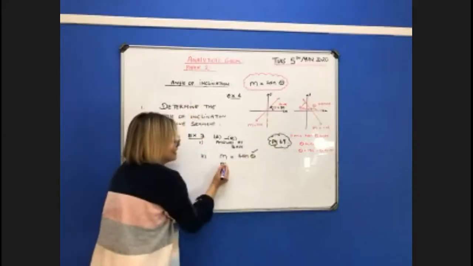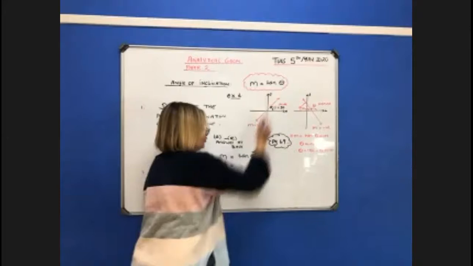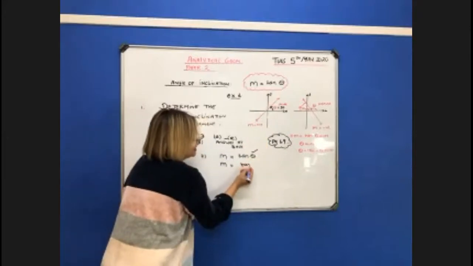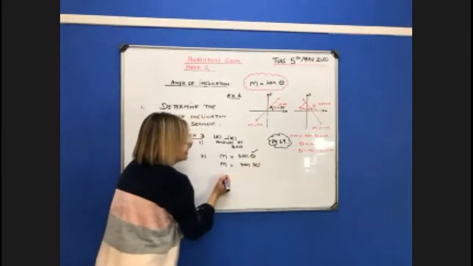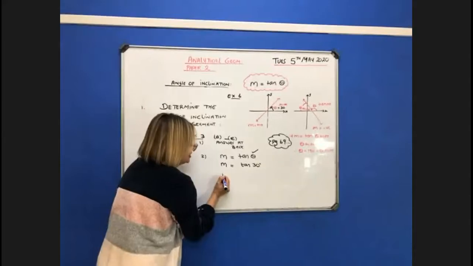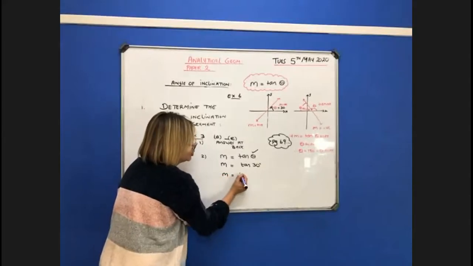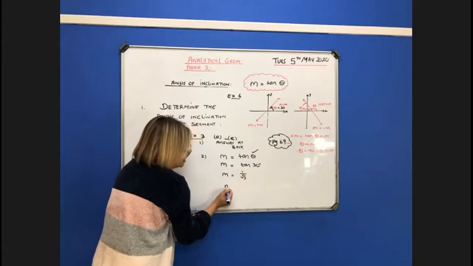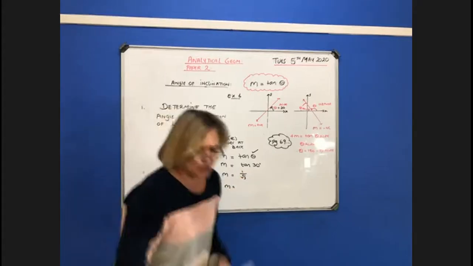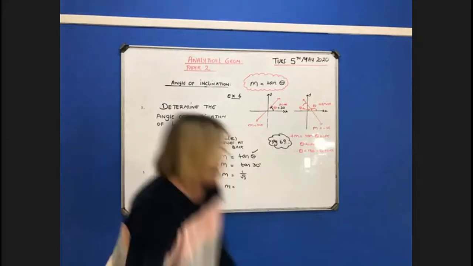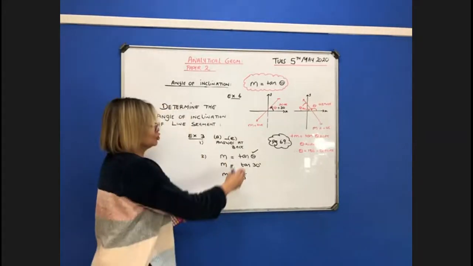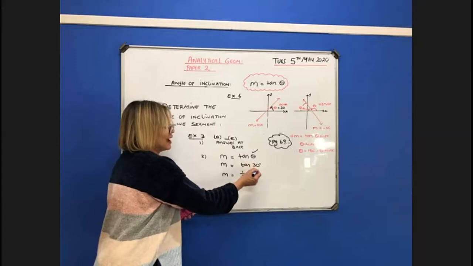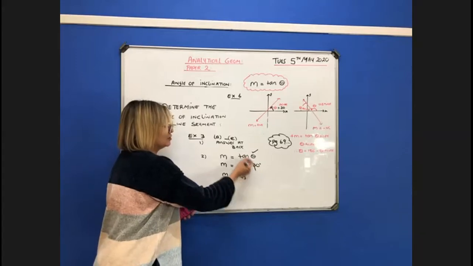Then the gradient of that straight line would be tan of 30 degrees. I know it's a special angle, but remember with analytical geometry, we will always use decimals. Notice you do not press shift if you have an angle and are looking for the gradient.